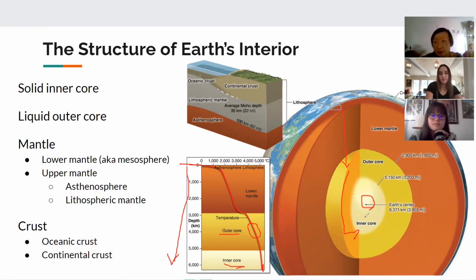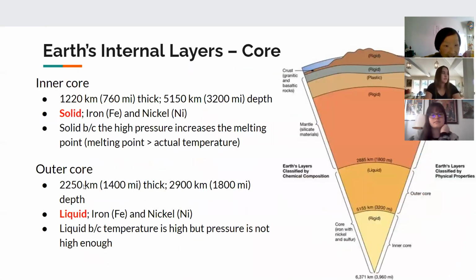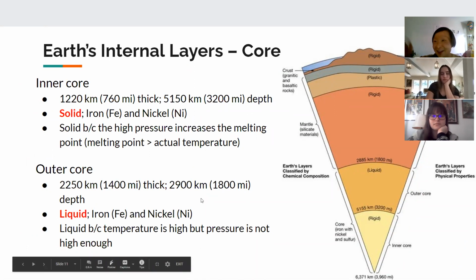They fall apart and become liquid. Make sense? Okay, so that is the pressure. You will read it in your book. Hope that makes sense to you. You can read more details in your textbook and also the videos.